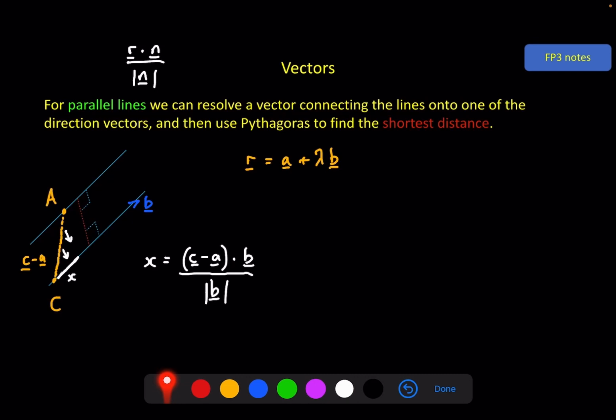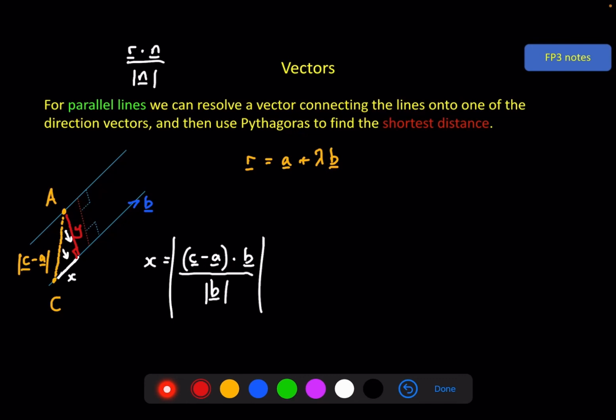You might see it with magnitude signs around it, just in case it comes out as a negative, because obviously in the context that we're looking at here, this must be a positive value because it's going to be a distance. And if we can then also find the magnitude of C minus A, here we have a right angled triangle where the missing side will be the side that I want, the perpendicular distance, therefore the shortest distance between these 2 lines.